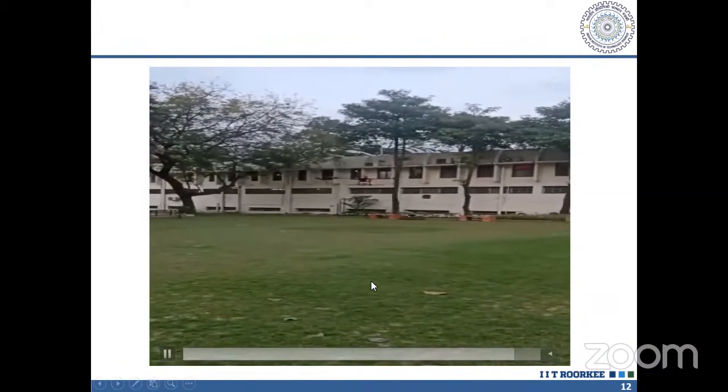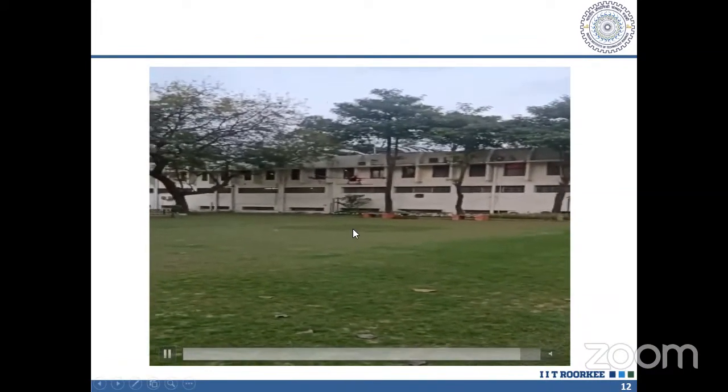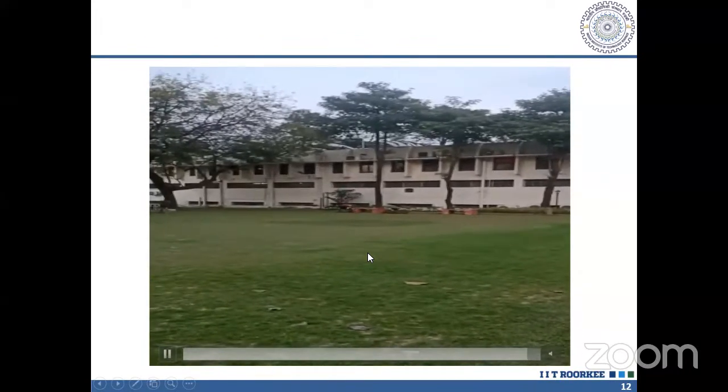Landing part is very crucial. So we are testing landing, proper smooth landing.